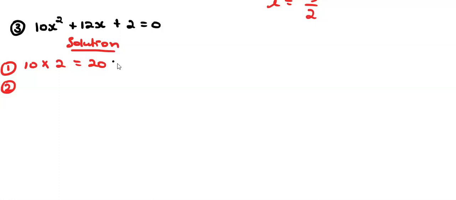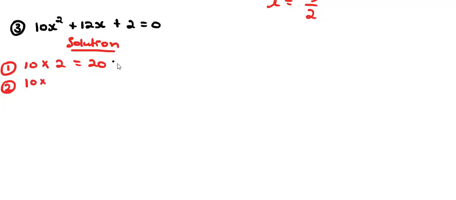We already have our step 1, which is to multiply the coefficient of the x squared term by our constant, multiplying a by c to get ac. In this case, guys, we got 20, 10 times 2. Step number 2, we're asking ourselves what two numbers multiply to give us 20, but if we add them, we'll get 12.